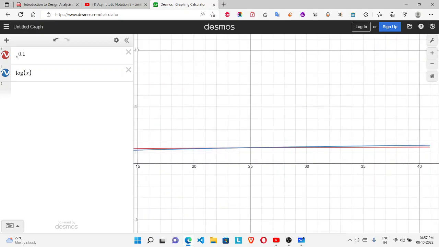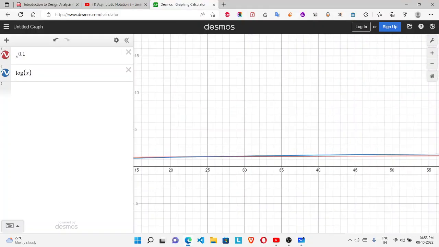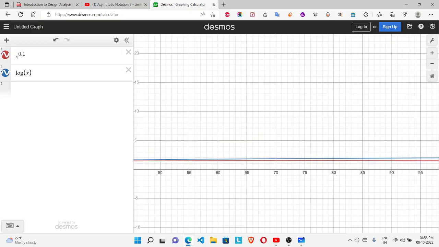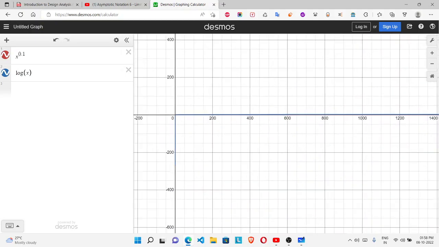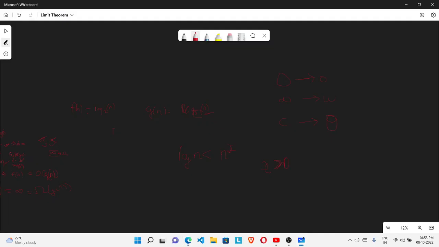So this is true for any x greater than 0. You can see from this graph, for higher values of x, if I zoom out, the blue line is on the top, which means the logarithmic function is greater than the polynomial function.